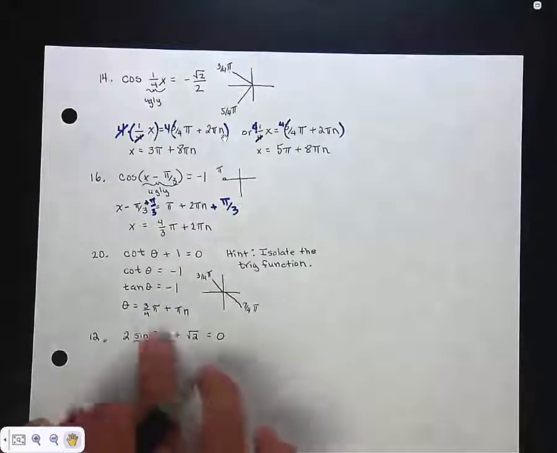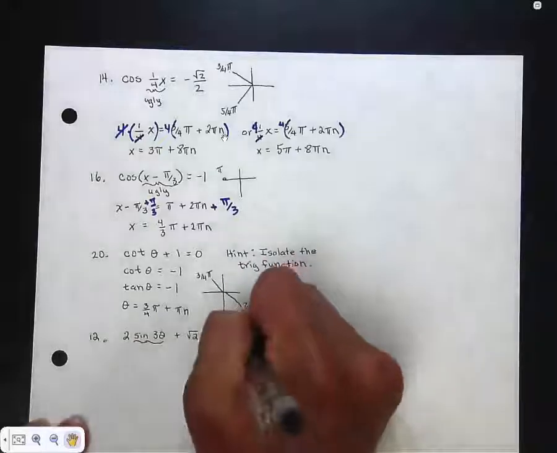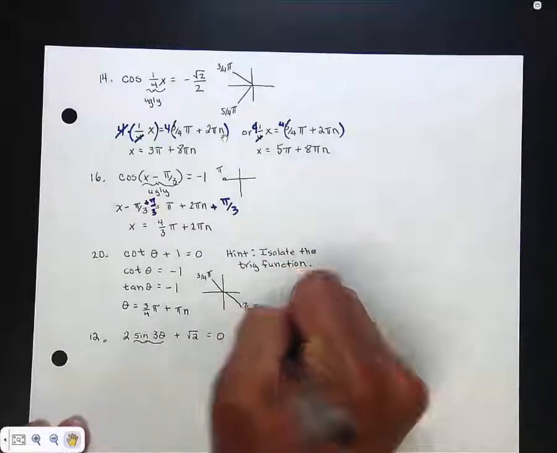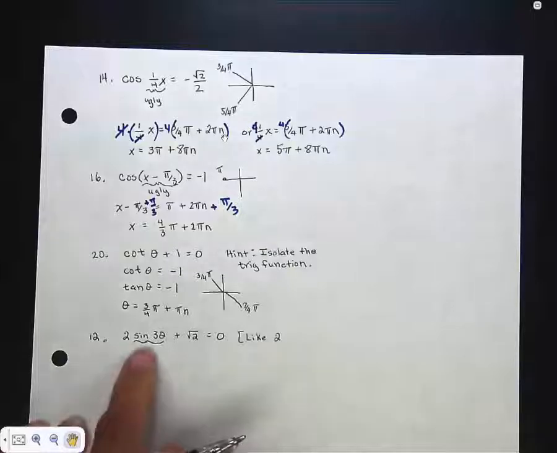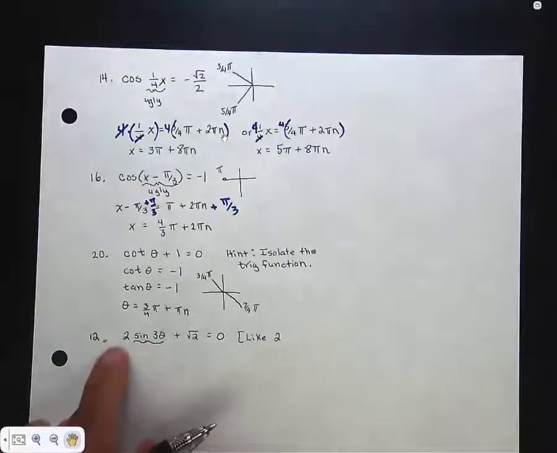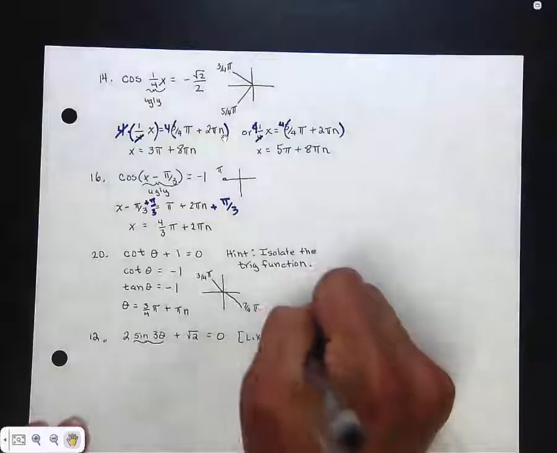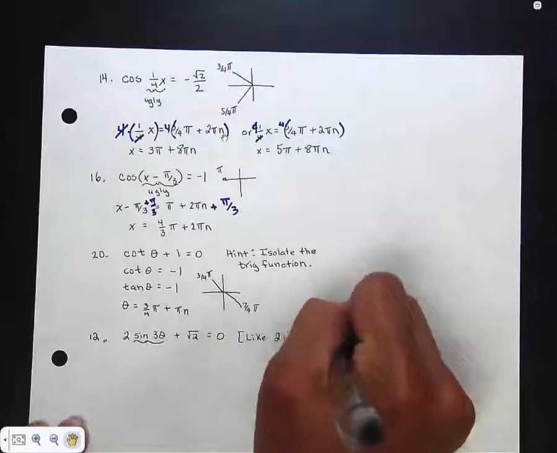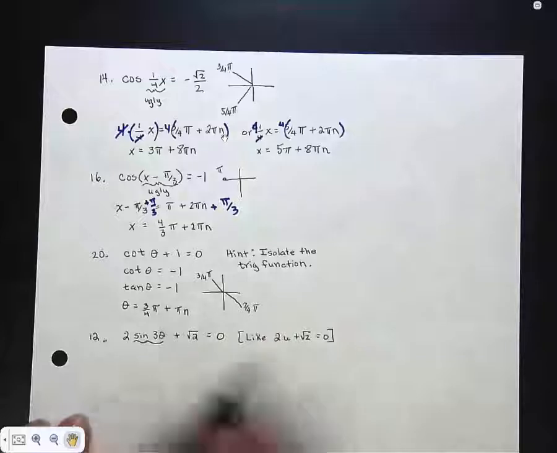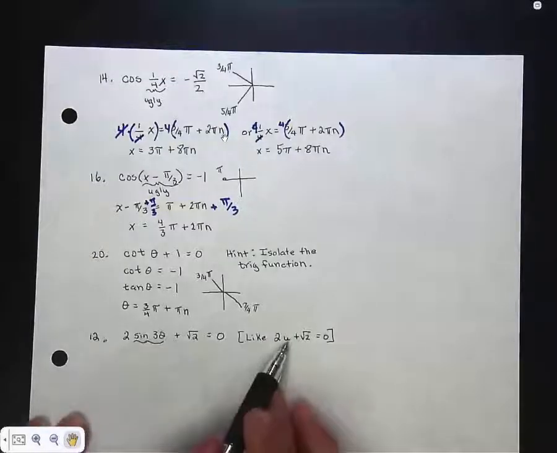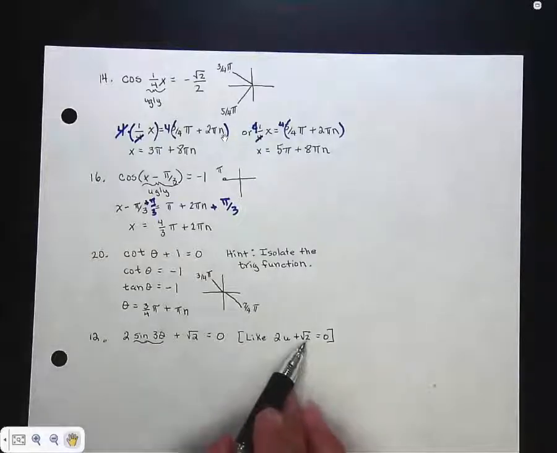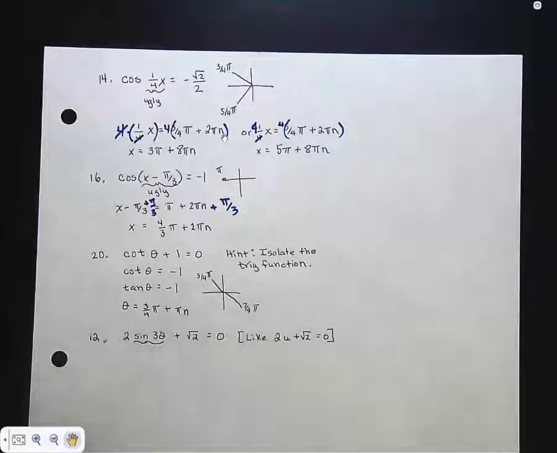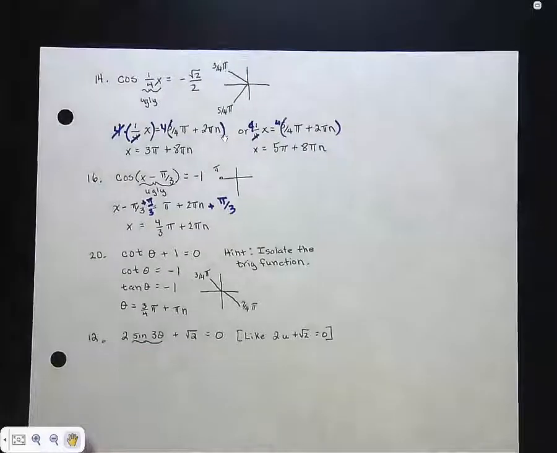If you call that whole thing your ugly, that's just like solving 2u plus square root of 2 is 0. I'm just letting that whole sine of 3 theta be some ugly for a minute. And if I told you to solve that for u, you would know that first you had to subtract square root of 2 from both sides and then divide by 2. That's exactly what I need to do here.